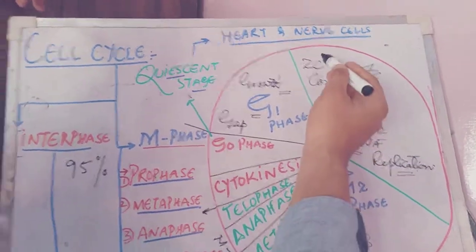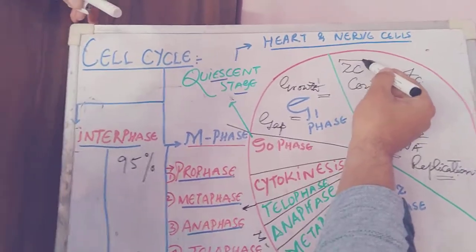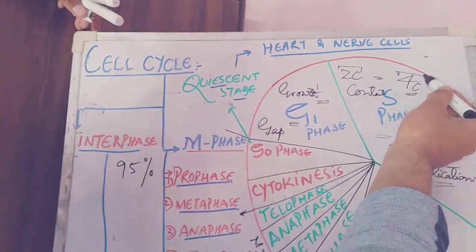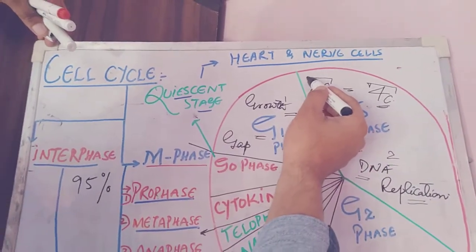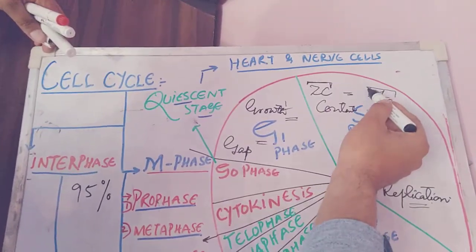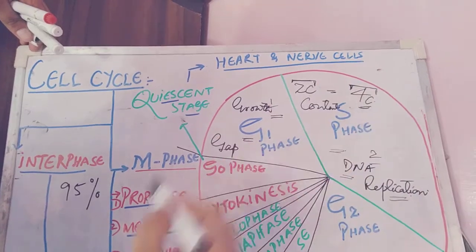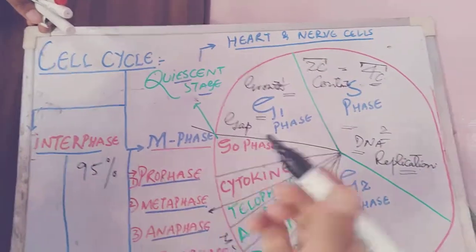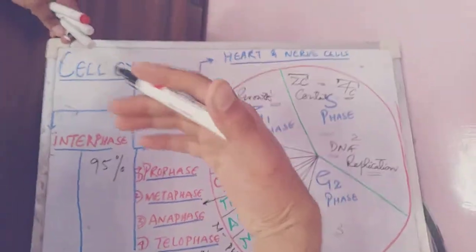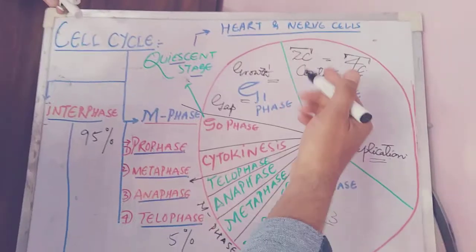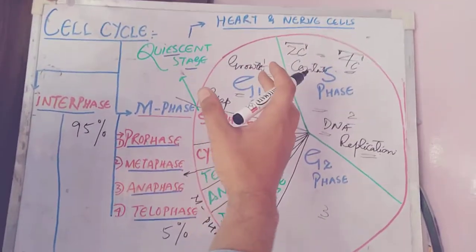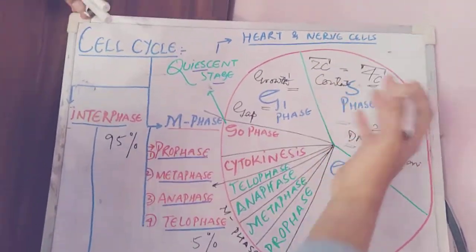Only the genetic material doubles, the content of the genetic material doubles, whereas the chromosome number remains the same. For example, in case of human cells, the chromosome number is 23 pair, it will remain the same even on completion of the S phase, but the DNA content will double, it will go from 2C to 4C.